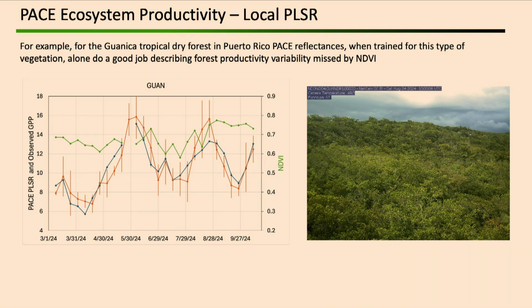And you can see that the NDVI really just is not capturing the variability that we're seeing in this site. It starts out low, goes up, comes back down again, goes up. It's not doing it at all. But the blue line in there is what we derived from the PACE data, showing how the PACE reflectance data can really pretty accurately track this variation in forest productivity that NDVI is just not capturing at all.